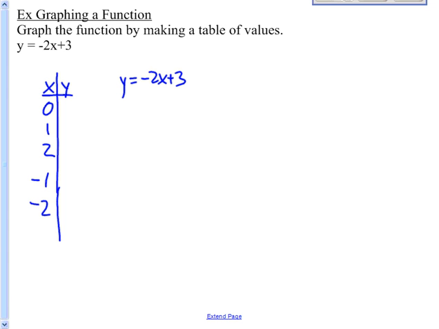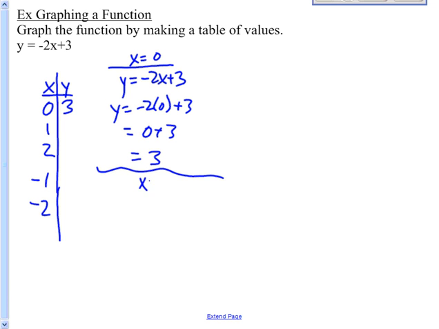Negative 2x plus 3. Let's plug in x being 0 first of all. Plug in the 0. Negative 2 times 0 is 0. Plus 3 is 3, right? Now let's plug in the 1. y equals negative 2 times 1 plus 3. Negative 2 plus 3 is 1. So you got the point 0, 3.